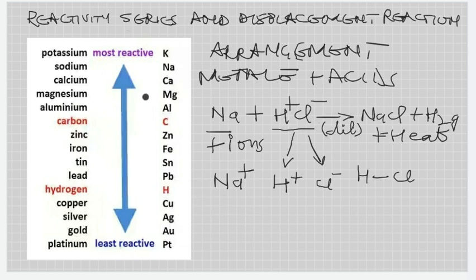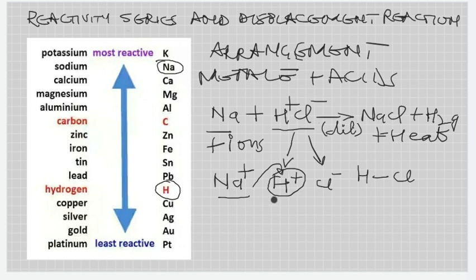Now let us look into the reactivity series. What is the position of sodium? So sodium lies right out here on the top and hydrogen is somewhere close to the bottom. So what does this tell us? That sodium is much stronger or more reactive or powerful than hydrogen. So what happens here is that sodium kicks out hydrogen from this place.